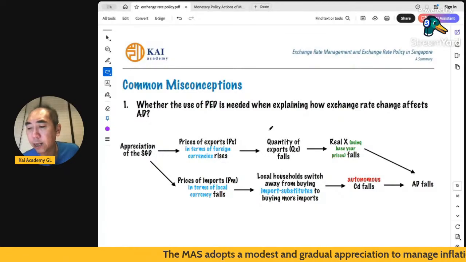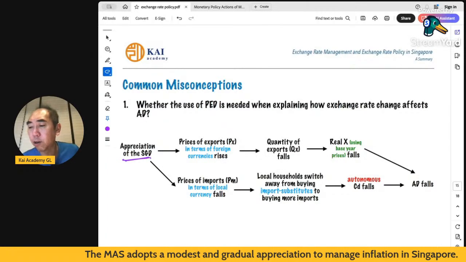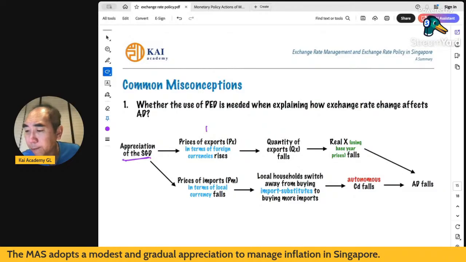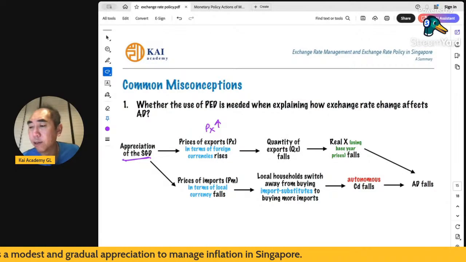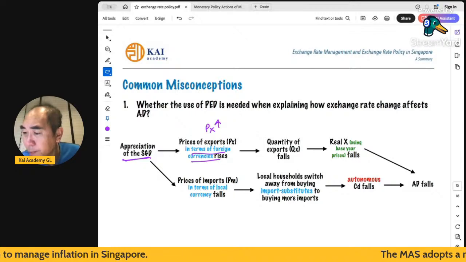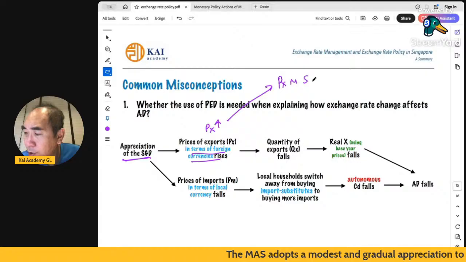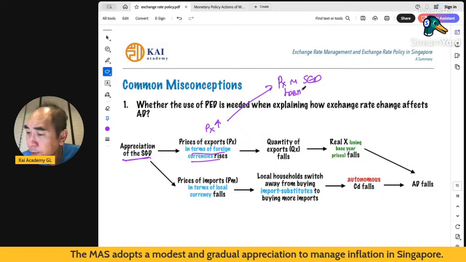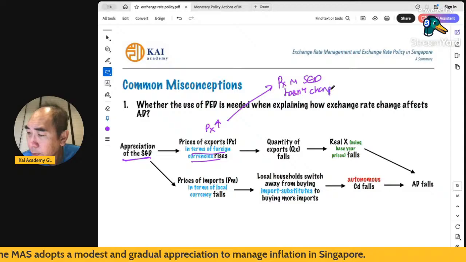If you appreciate the Sing dollar, right, appreciation of Sing dollar will make PX in foreign currency increase, right? So please take note, this is in foreign currency. So I put a note here, PX in SGD hasn't changed, right?